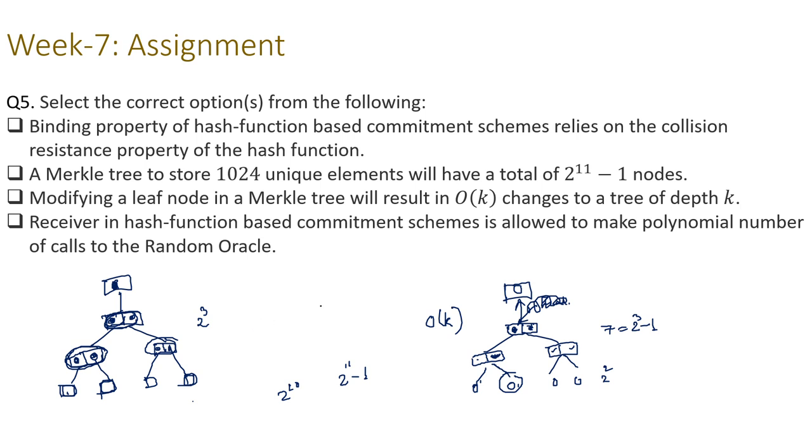I think this is clear, right? So with the same logic, for 2 to the power 10 leaf nodes, you should have 2 to the power 11 nodes in the Merkle tree. Does that make sense?